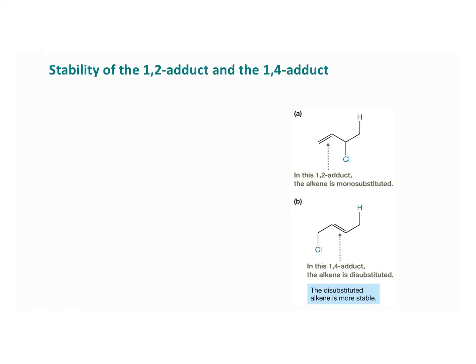Now, the thermodynamic product of the electrophilic addition to a conjugated diene is generally the one in which the remaining carbon-carbon double bond is on the most highly alkyl substituted double bond, okay? So it can be either the 1,2 or the 1,4 adduct.